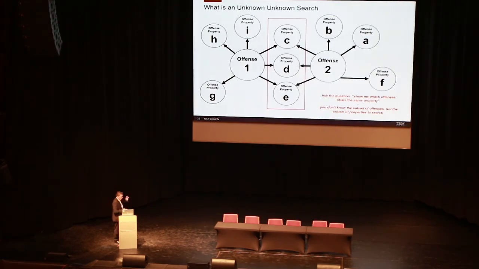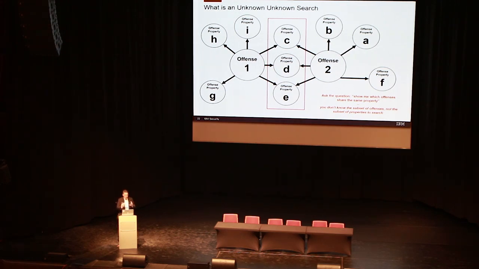Another one, this is one of my favorite anyway, is the unknown search. So for example, if you have two offenses, two incidents, in QRadar we call them offenses, but in other SIEM solutions you call them incidents. So if you have many incidents, and you are asking, show me which offenses are sharing the same properties, okay?